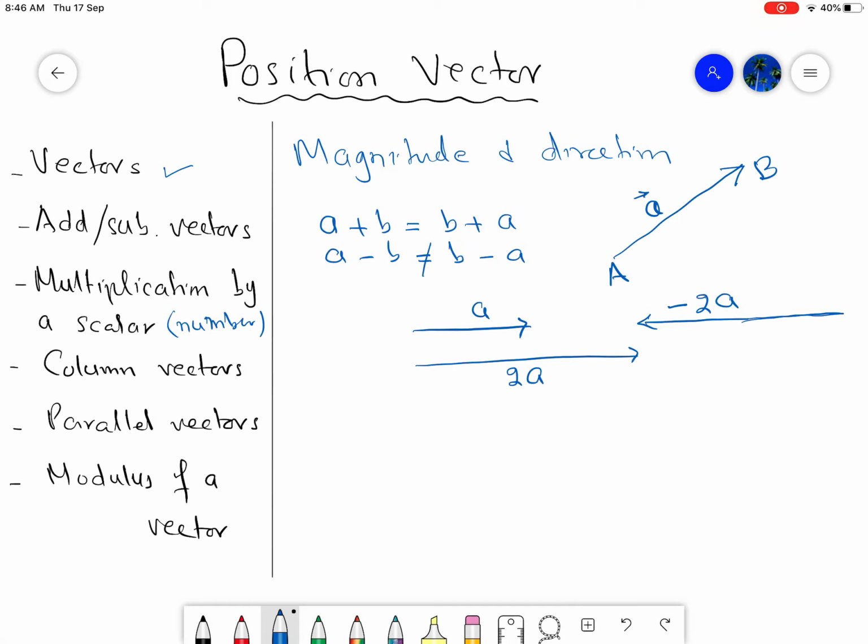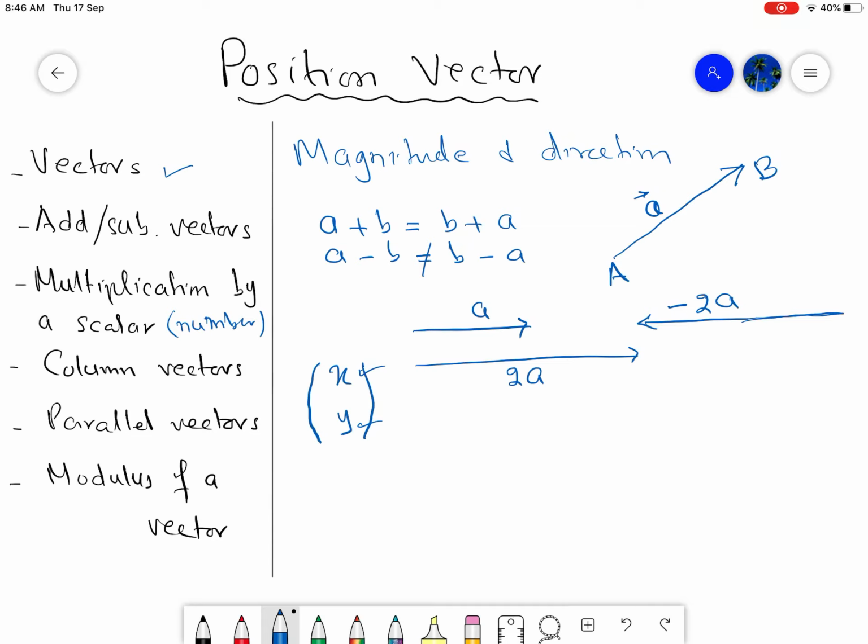Then there was the topic of column vectors, and column vectors basically represent the displacement of a vector along the x and y directions. The first number at the top represents the displacement along the x-axis, and the second represents the displacement along the y-axis.